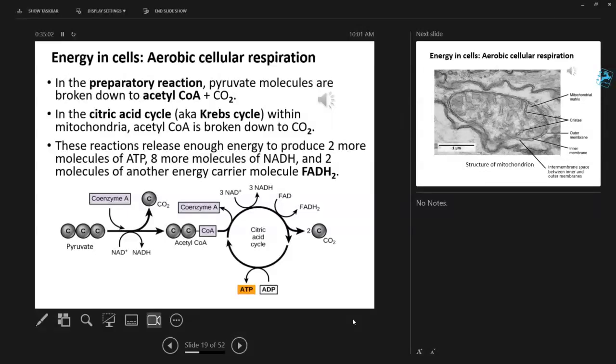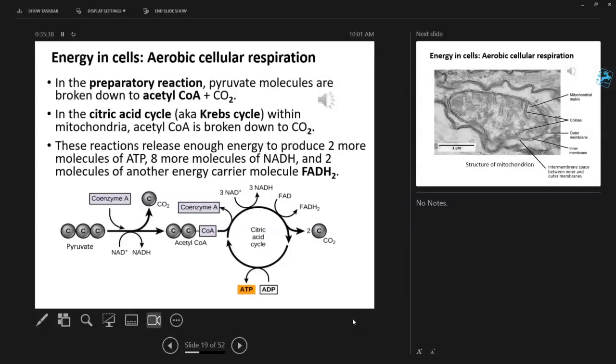And so one of the carbon atoms is removed along with more oxygen to make more carbon dioxide. So that's more carbon dioxide that we exhale. But then what remains continues on and combines with more acetyl-CoA. And when this remaining one-carbon molecule combines with acetyl-CoA, it makes citric acid. That's why it's called the citric acid cycle.